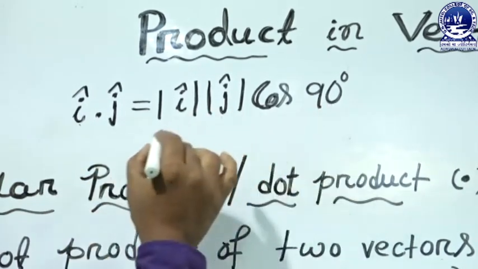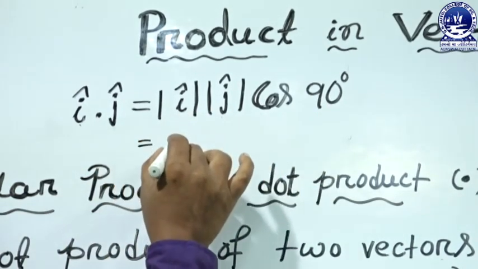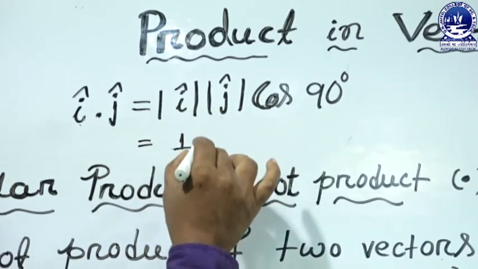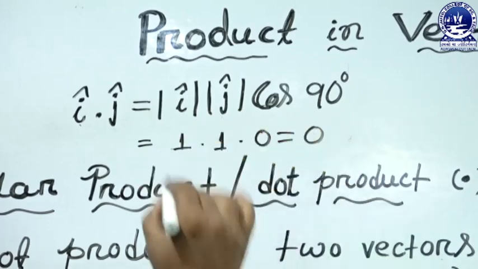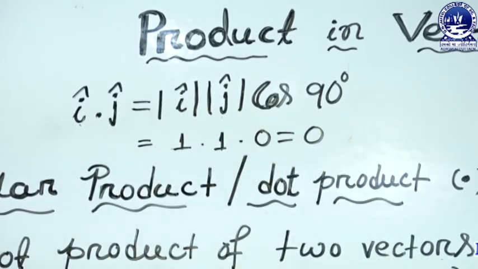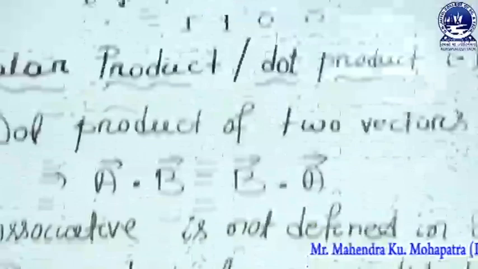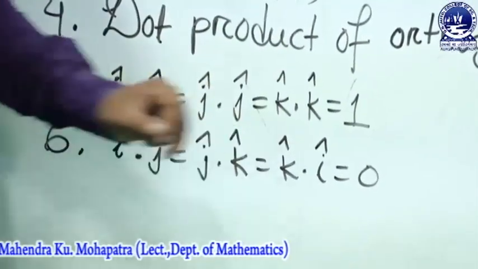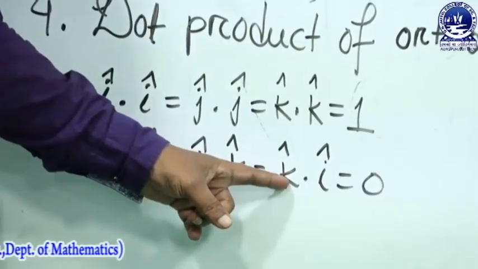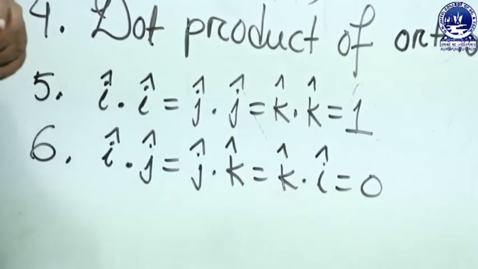So, the angle is 90 degrees. Magnitude of i cap is 1, magnitude of j cap is also 1, cos 90 is 0. So, the answer will be 0. Similarly, j cap dot k cap is also 0, and k cap dot i cap is also 0.